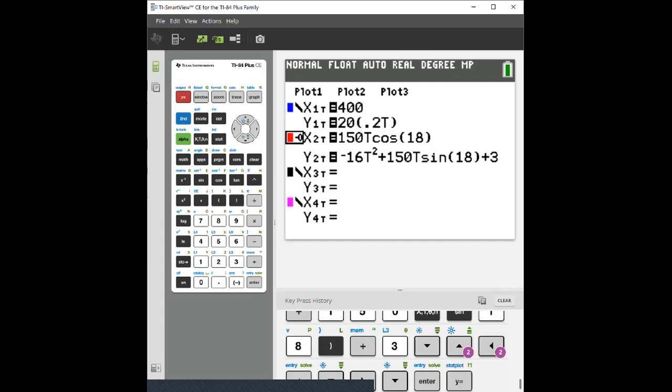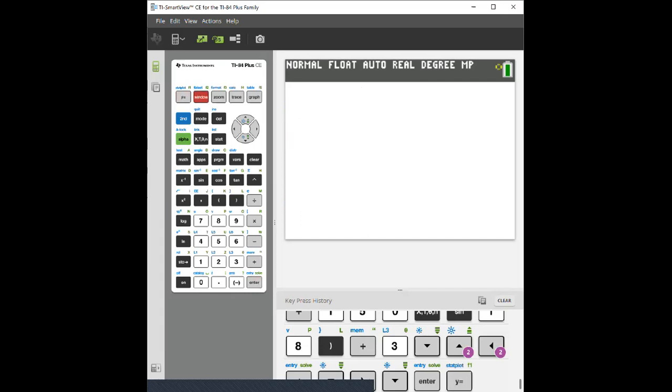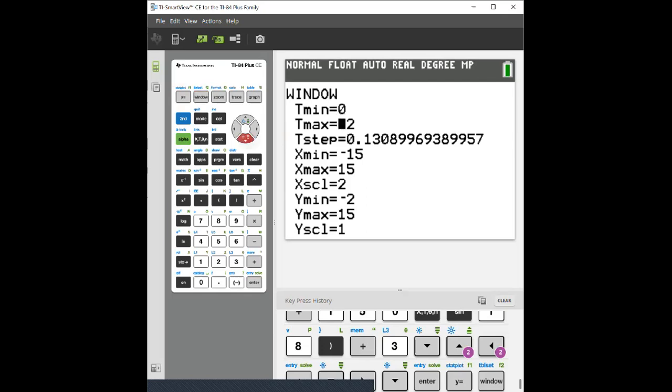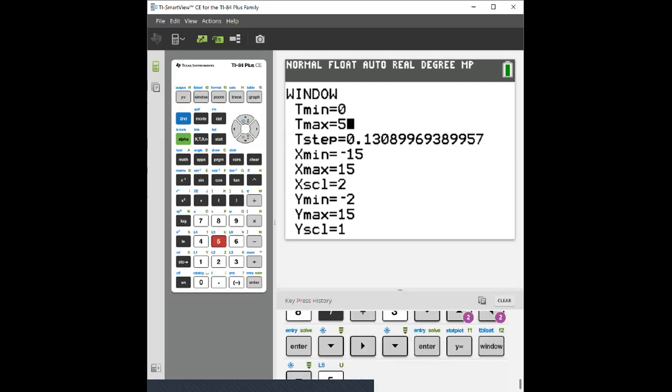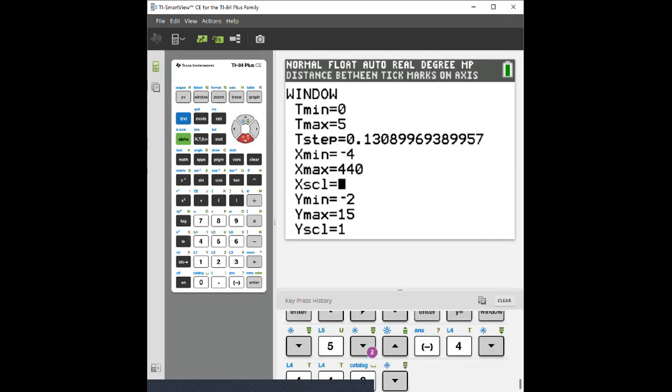Now, I've got that. I want to check my window. I don't need to go from 0 to 12. I think I can do it 5 seconds. I think that should be enough. For X, we want to be able to see that fence. And for Y, I don't know where we go. 40 feet, count by twos.